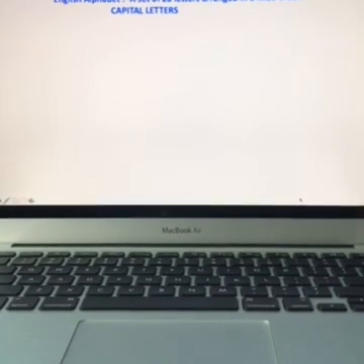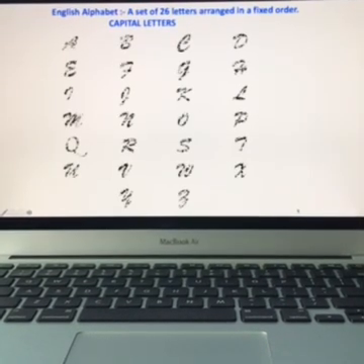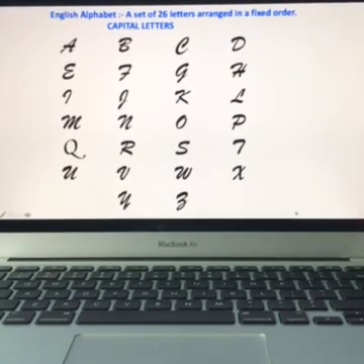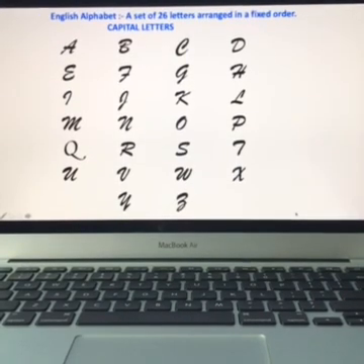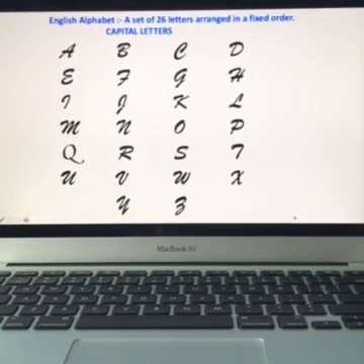English alphabet, a set of 26 letters arranged in a fixed order. Capital letters. These are the capital letters from A to Z written in cursive. Children, please practice writing cursive at home.